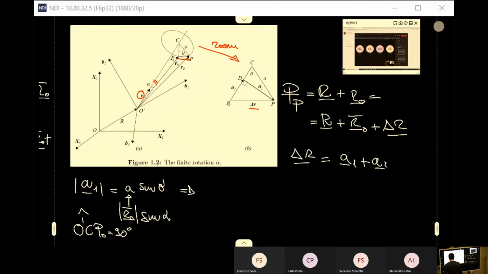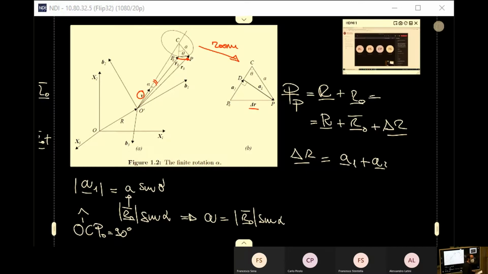So if we go on, we can write that A1, from here, A is, as we said, R0 sinus of alpha.